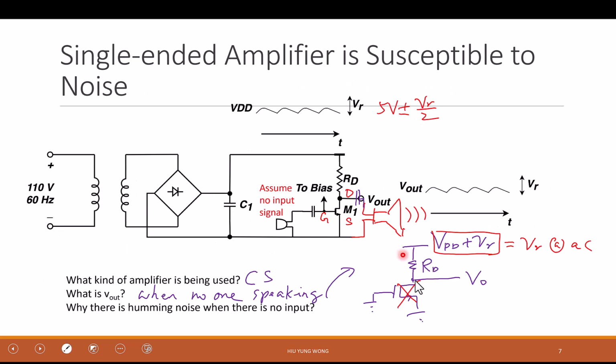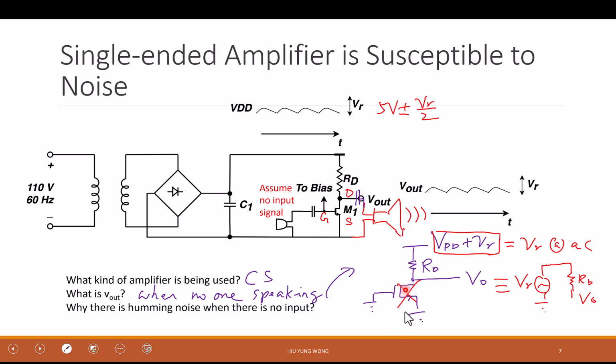So the net effect is, maybe the best is to redraw it. This is equivalent to I have VR, RD, and then V out. That is the net effect of this one, right? Because I don't have anything coming from this transistor.